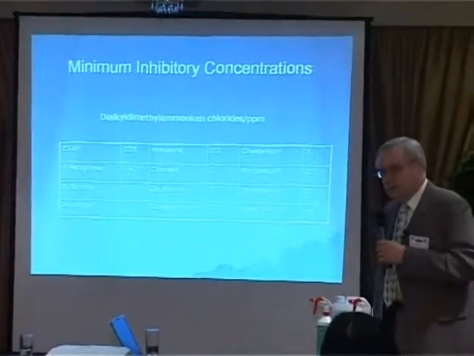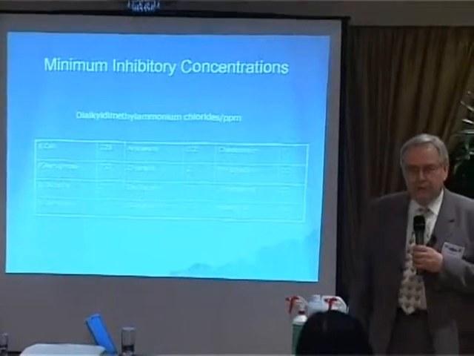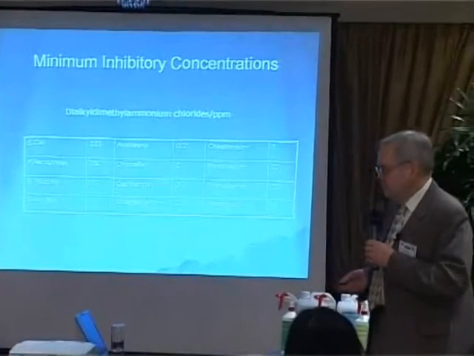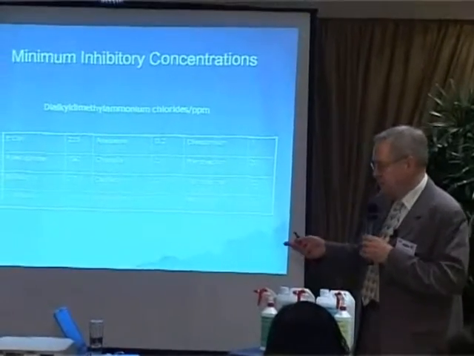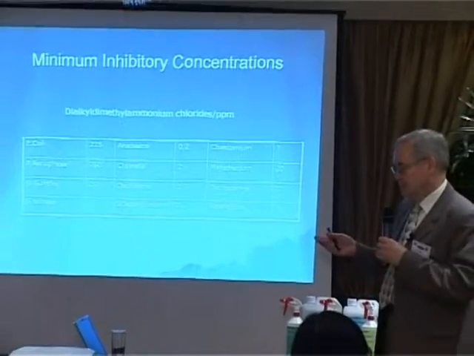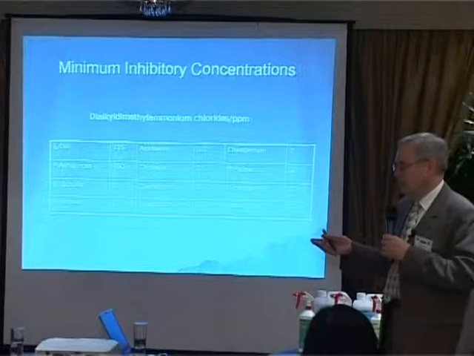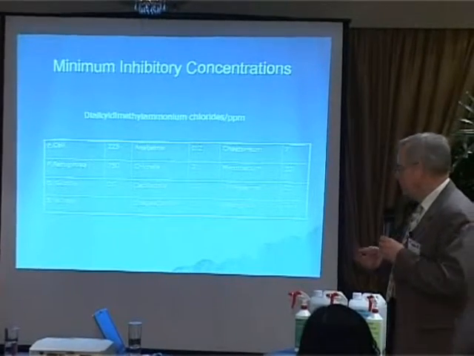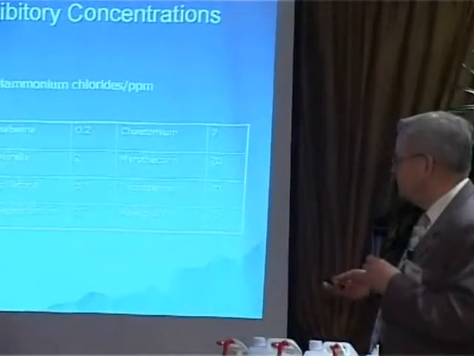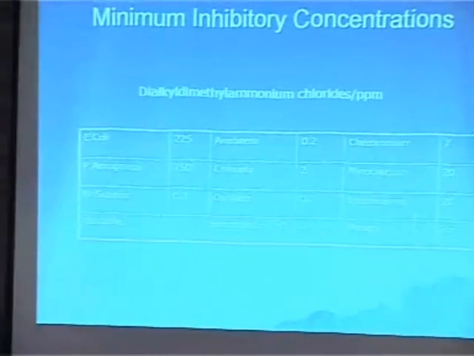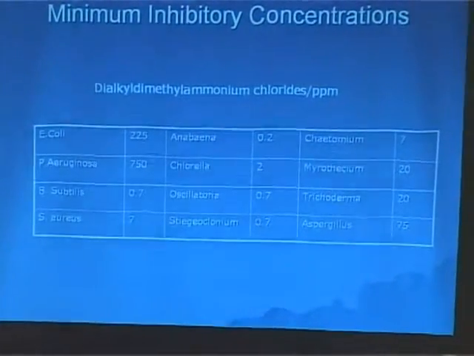When you look at quaternary ammonium compounds, and I'm taking one particular group where we've got two big long chains, like the dialkyls, or for example a didecyl system, with two methyl groups on the ammonium chloride. These units are in ppm, and we've got three groups of organisms here. On the left we've got some bacteria, and not bad.